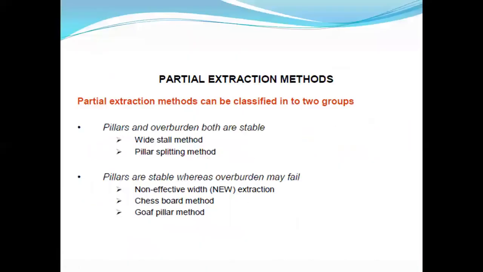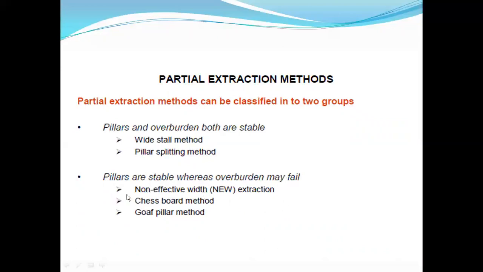Okay, partial extraction methods. The partial extraction methods can be classified into two groups. First, pillars and overburden both are stable. If the pillars are stable and the overburden is stable, there won't be any problem. Here we use the wide stall method and the pillar splitting method. Second, the pillars are stable and the overburden may fail, meaning the overlying strata is weak.